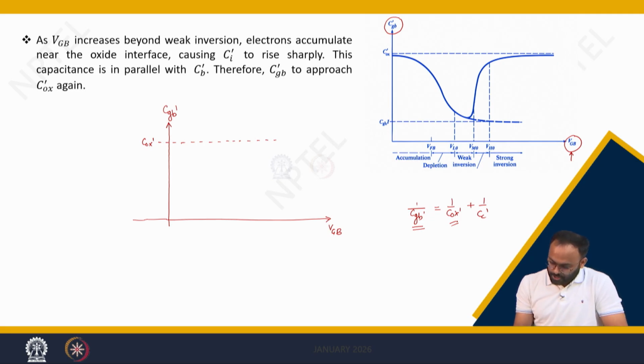So, let us start with accumulation. In accumulation, what will happen? Your VGB is negative.